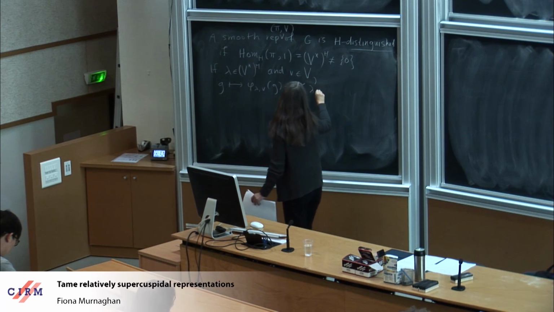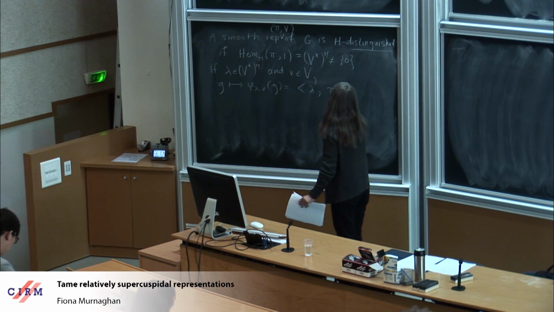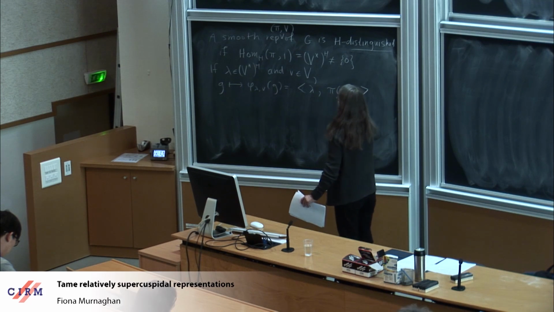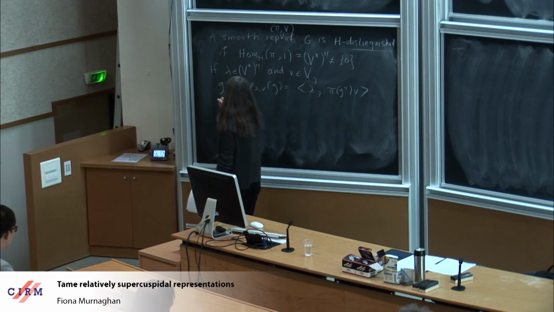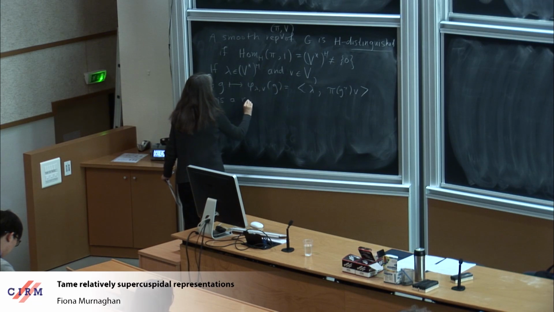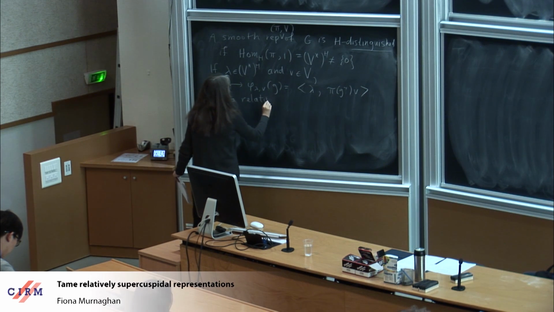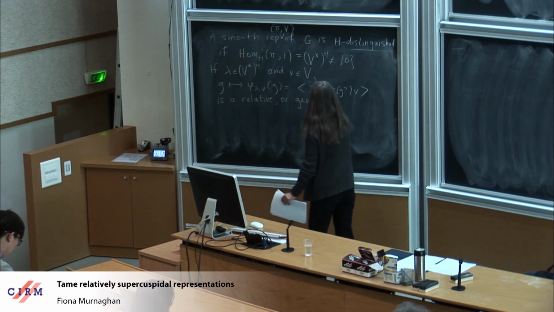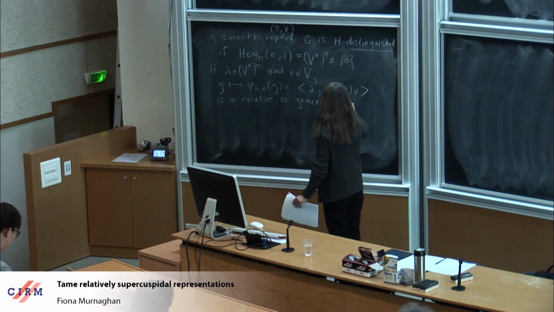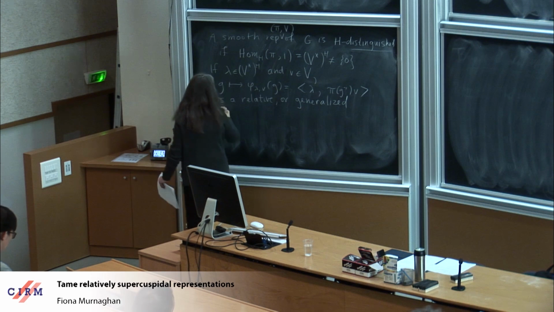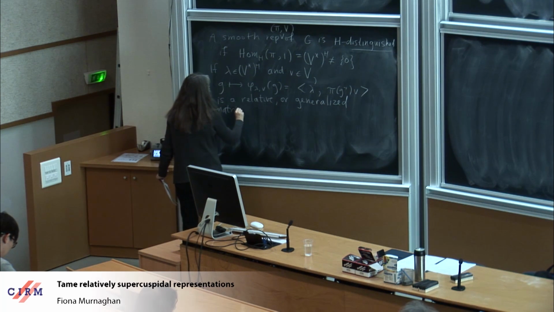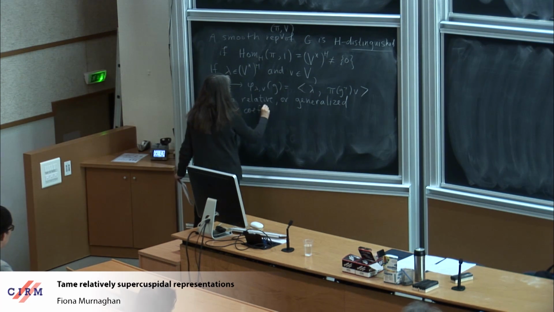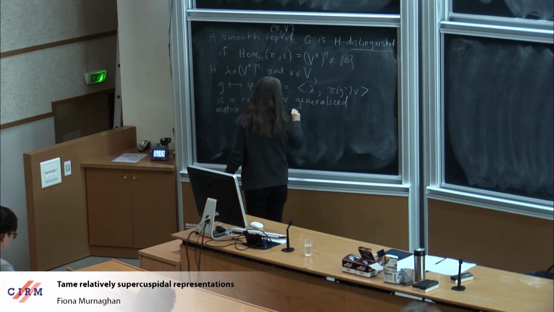We evaluate the form lambda on pi of g inverse v. So this is our generalized matrix coefficient of pi.